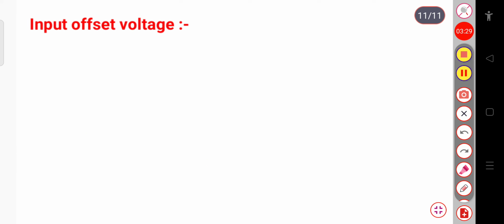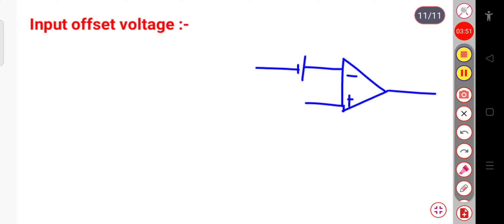Then we will see what is input offset voltage. Suppose this is our operational amplifier having the output one, and in the inverting one, suppose here I am giving some voltage supply, this is your inverting one, and also this is your non-inverting one, here I am giving some signal, that is, here I am applying some voltage at this point, and finally these are being grounded and it is connected like this.